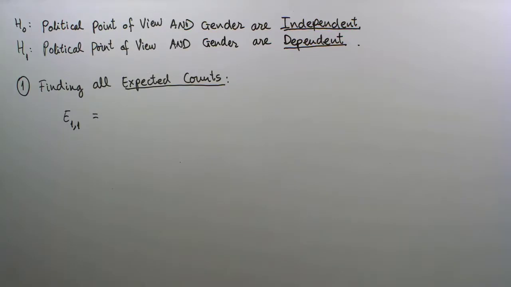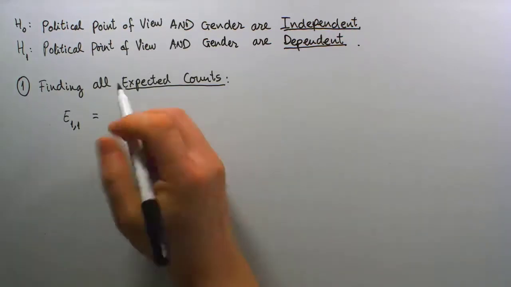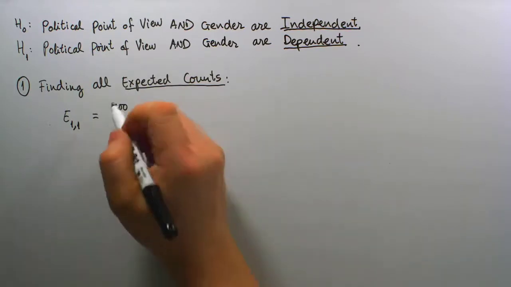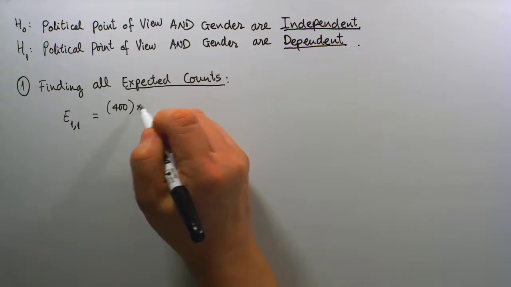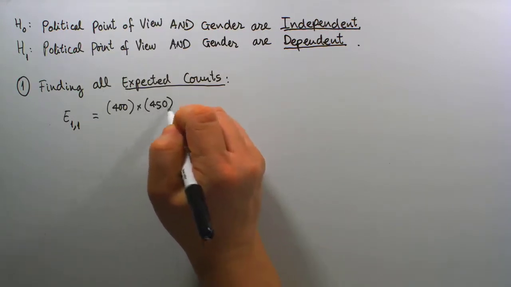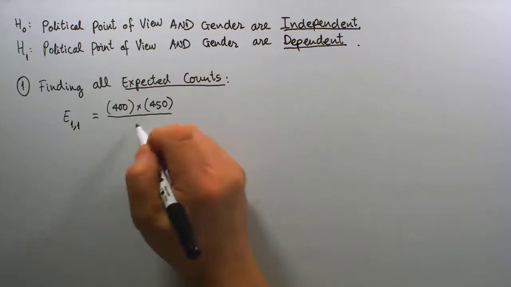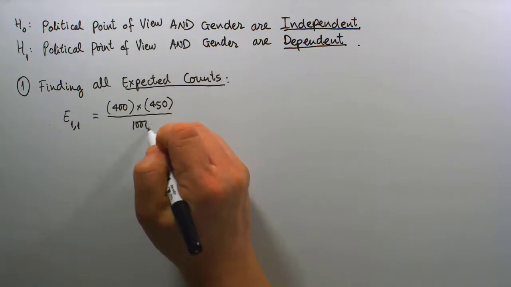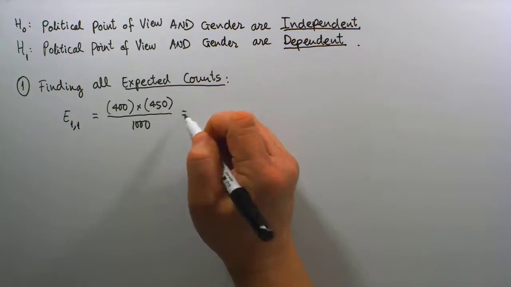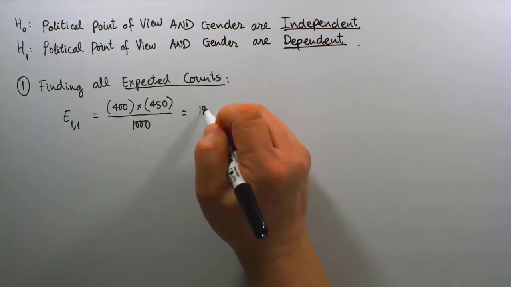So now the expected count for row 1, column 1 is going to be 400 as the row total for row 1, multiplied with 450 for the column total for column 1. And our sample size here in this case is 1,000, as we have already learned. And so we will be getting the expected count here. My calculation showed 180.